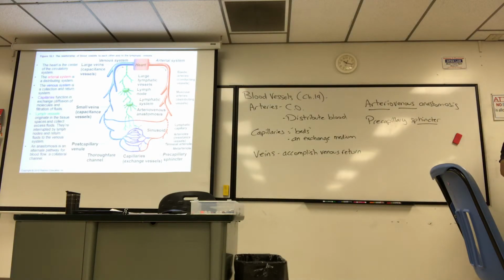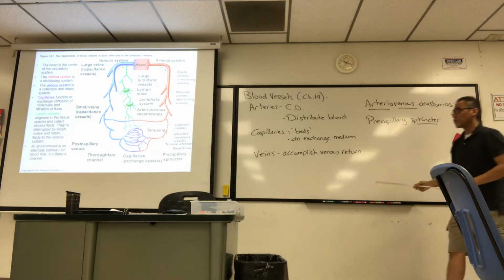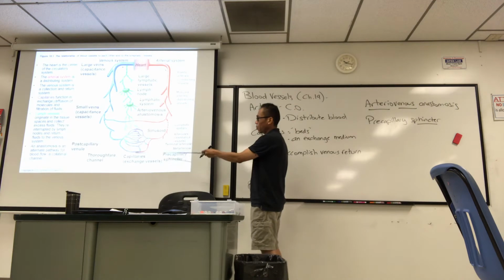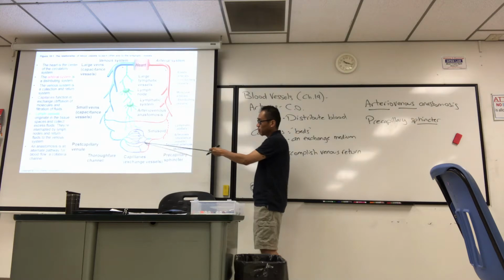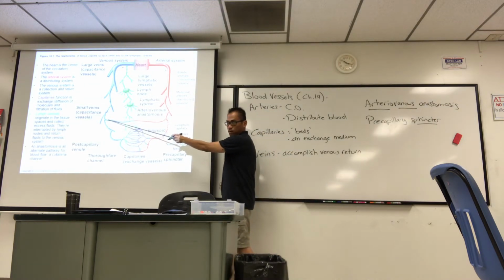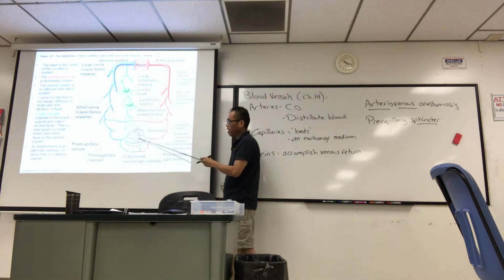In this case, if you're squeezing the smallest arteries called arterioles, blood's not going to go through there. Blood will not perfuse the capillary bed. It'll be diverted through some other thoroughfare channel. Okay, so you can shut off the blood flow there if you so choose to.